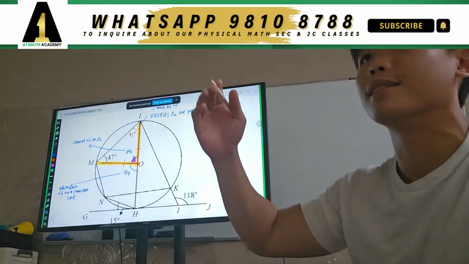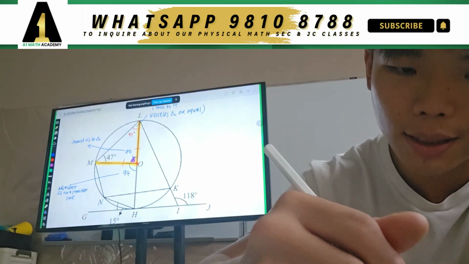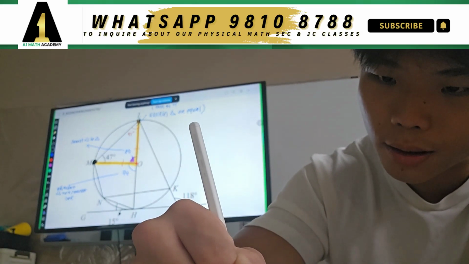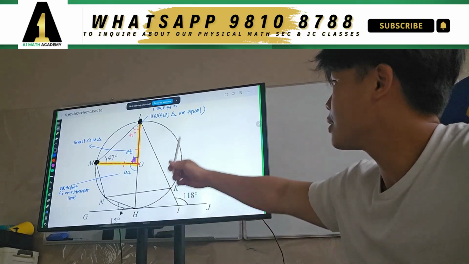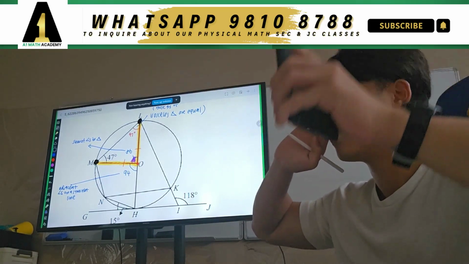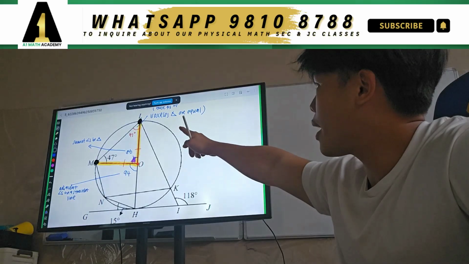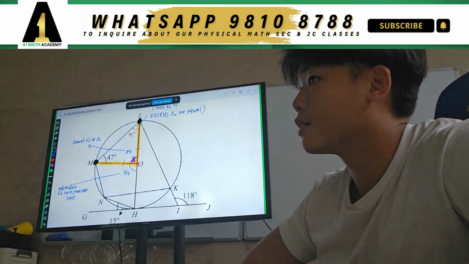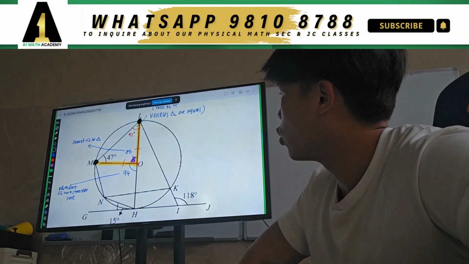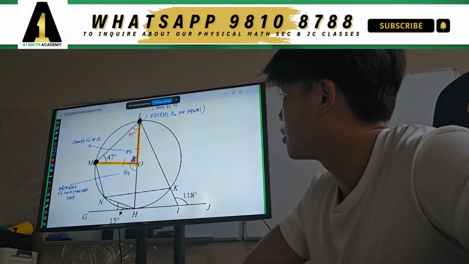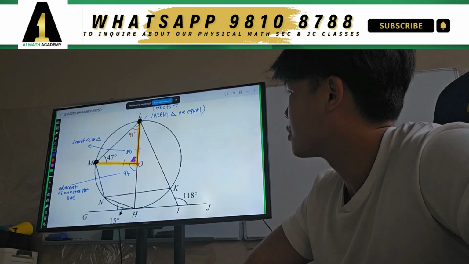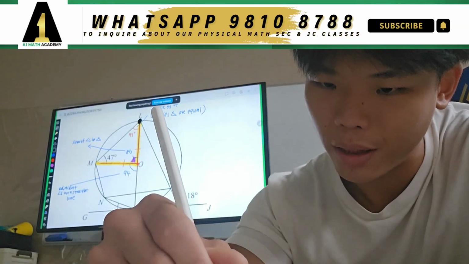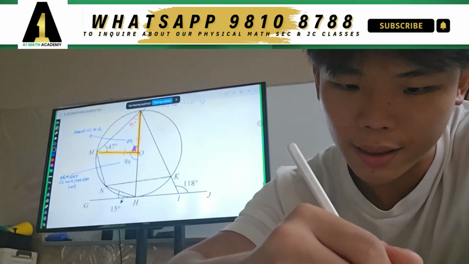This is the angle at the center, held by M and L. Do M and L hold the line for another angle at the circumference? Is there any other line that M and L hold that touches the circumference? They don't have, so there's no property actually. I just realized. Never mind, ignore this.